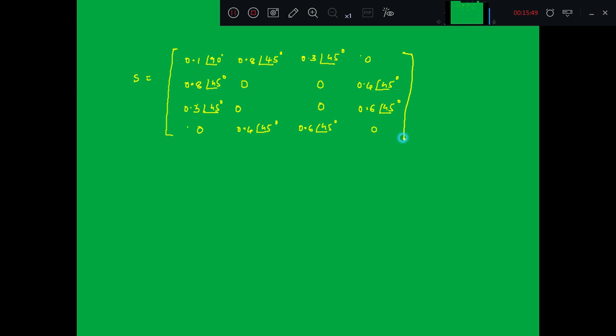So this is the S matrix of the 4-port network.